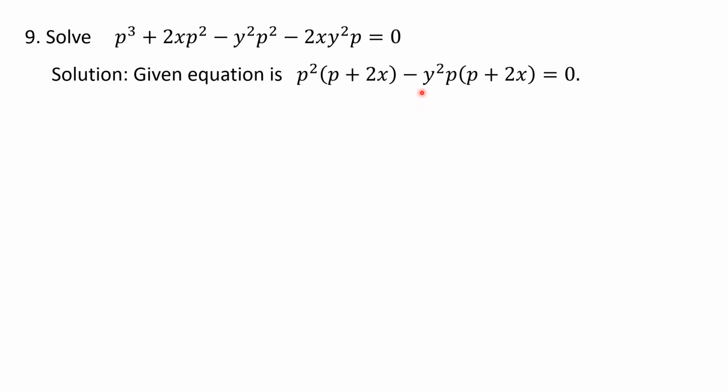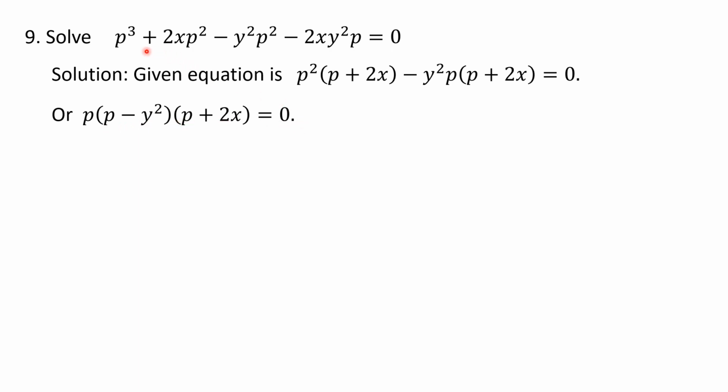So write that, minus y square p, and check whether it satisfies the fourth term also: minus y square p into plus 2x gives minus 2x y square p. So the factors are (p plus 2x) into (p square minus y square p). In p square minus y square p, again p is common, so p into (p minus y square) into (p plus 2x) equal to 0.